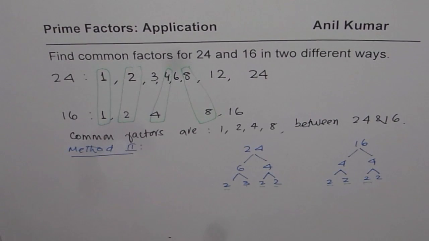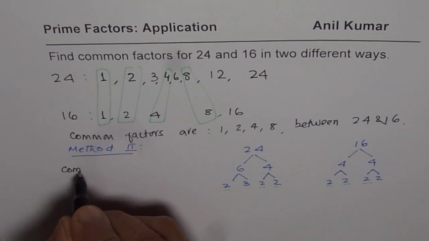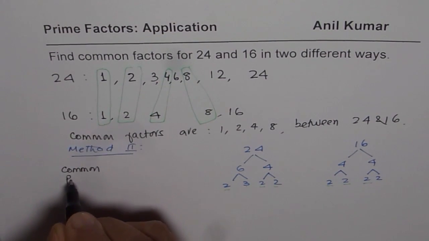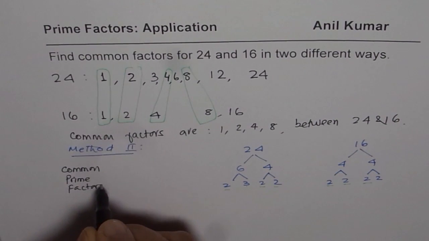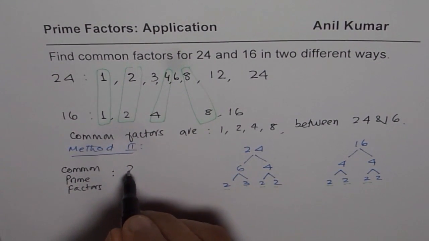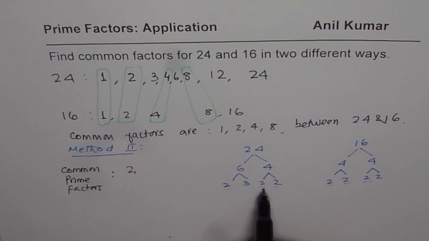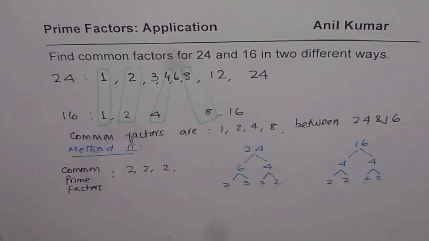So the common prime factors between these two numbers are 2, then we have 2, 2. So these are 3 2's, right? So these 3 2's are common prime factors.